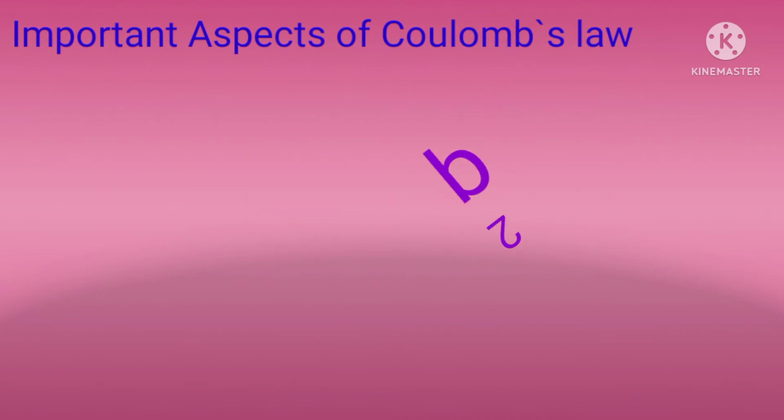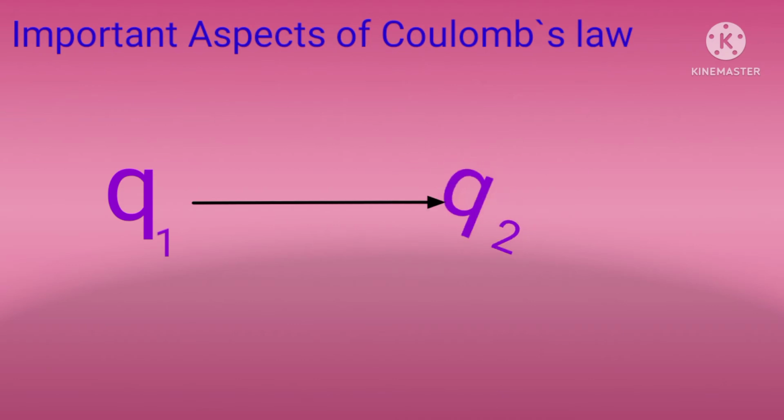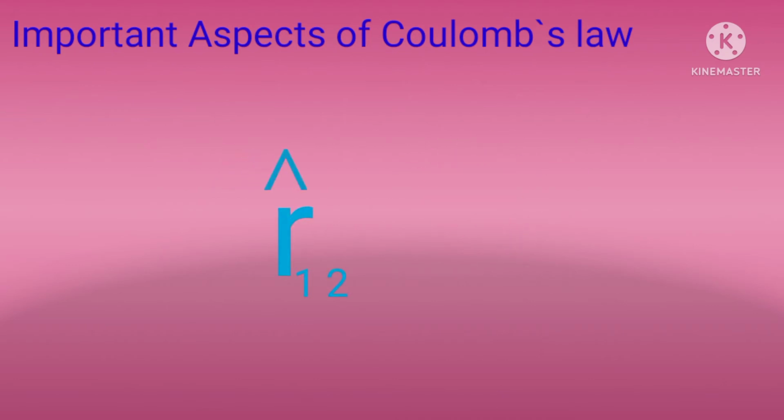The force on the charge Q2 exerted by the charge Q1 always lies along the line joining the two charges, and r12 cap is the unit vector pointing from charge Q1 to Q2.